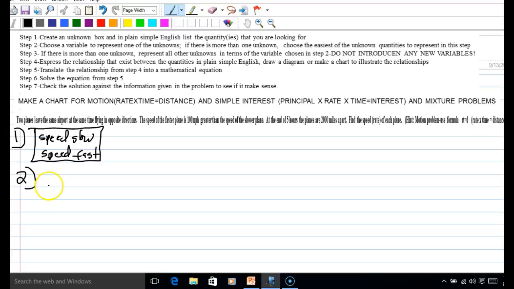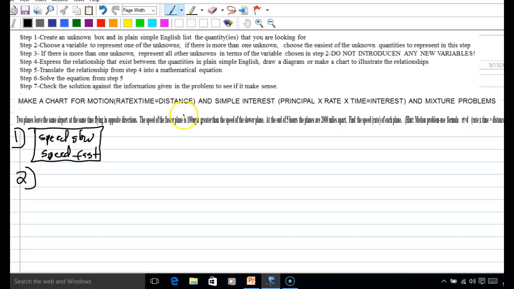In step 2, what I need to do is choose a variable to represent one of these two quantities. And in general, what I do in step 2 is choose the easiest of the two unknowns to represent. I'm trying to represent either the speed of the slow plane or the speed of the fast plane.